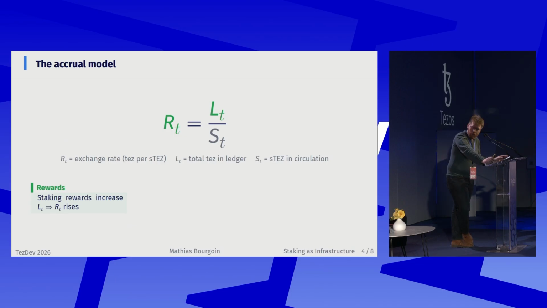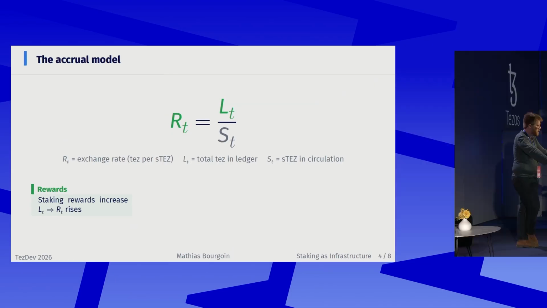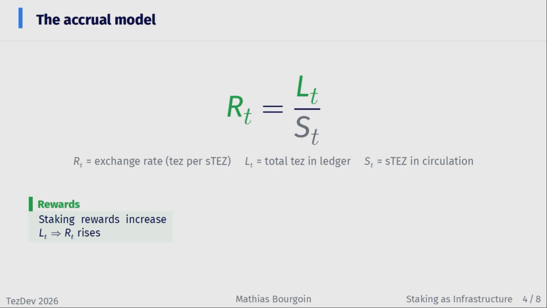So let's go a bit into the mechanism itself. Canonical LST is based on the accrual model, which is quite simple, as you can see. Here we have everything that is running following this exchange rate equation. The exchange rate is very simple. It's the total amount of Tez in the ledger divided by the total amount of staked Tez in circulation.